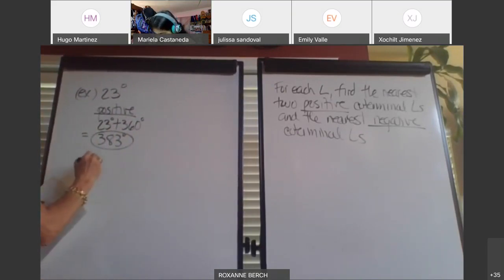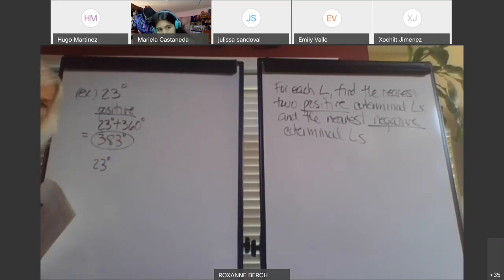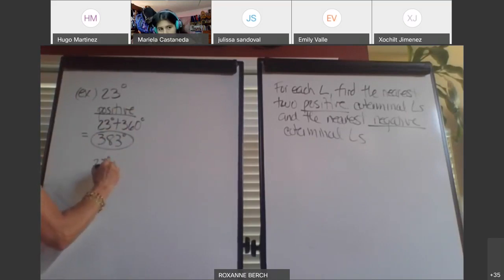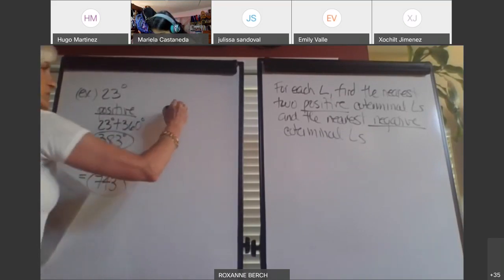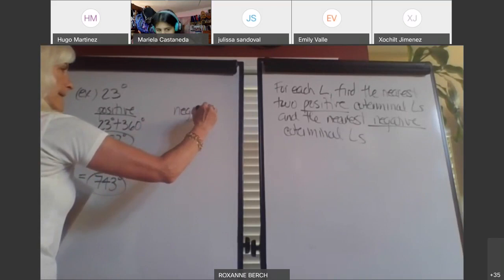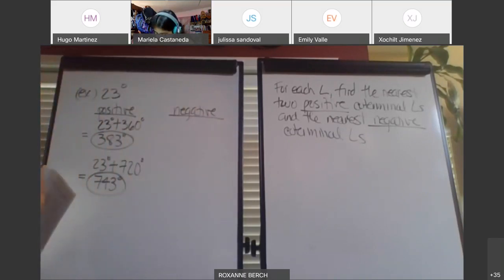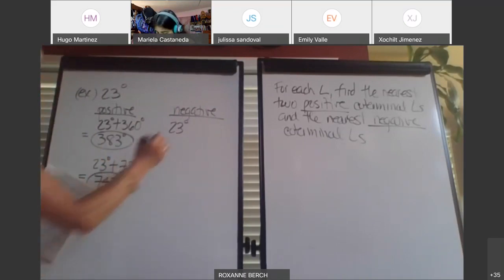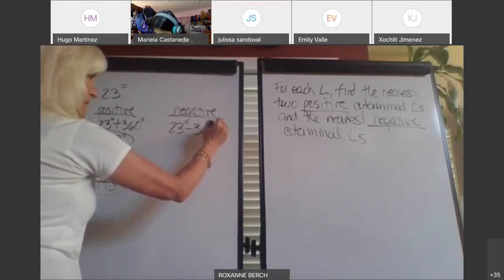Another one would be 23 degrees, and instead of 1 revolution, I'll double it. So 360 doubled is 720. So the next coterminal angle would be what, 743 degrees? Real easy. So if we want negative coterminal angles, we would take 23 degrees minus 360, a full revolution.